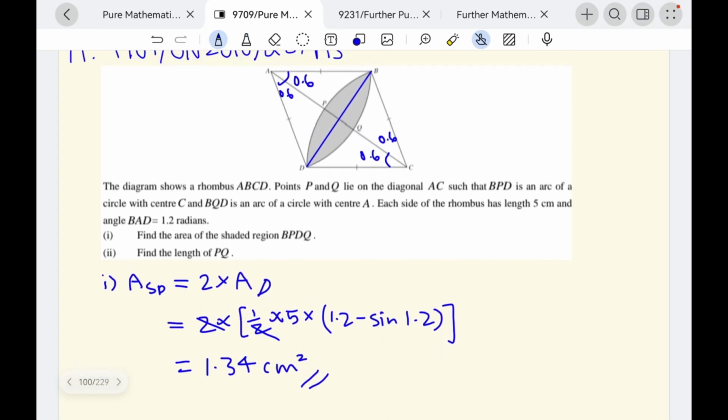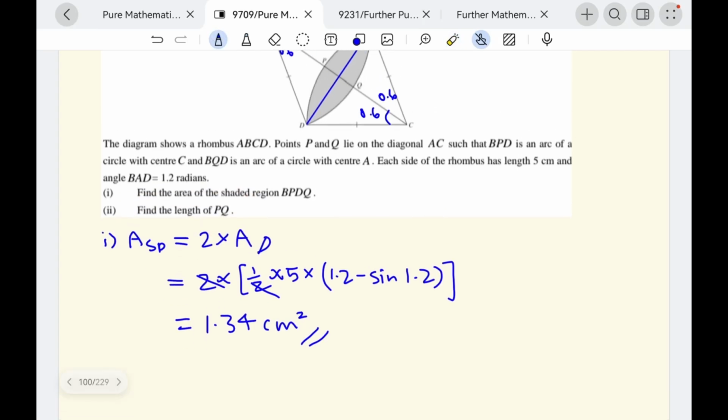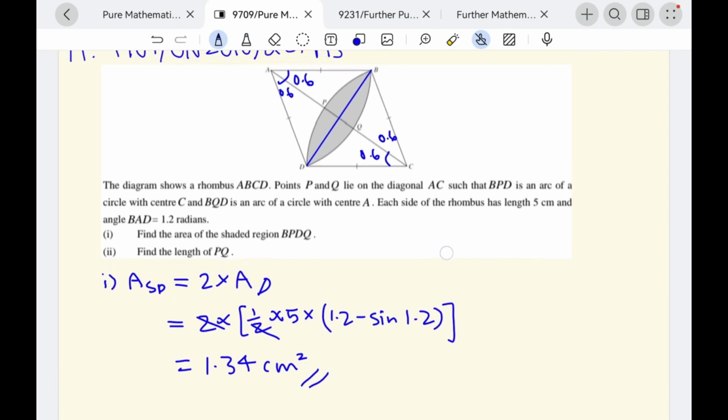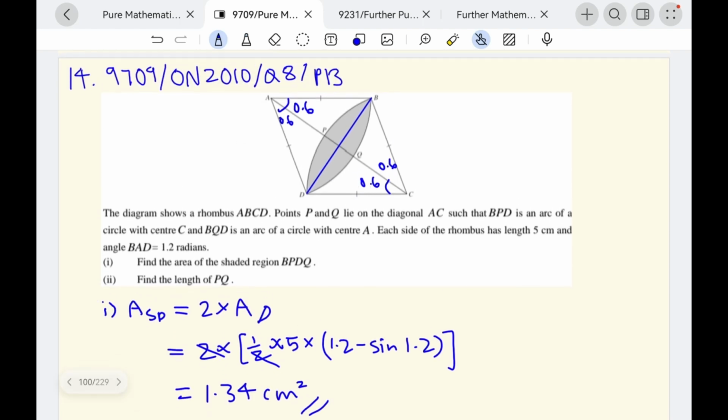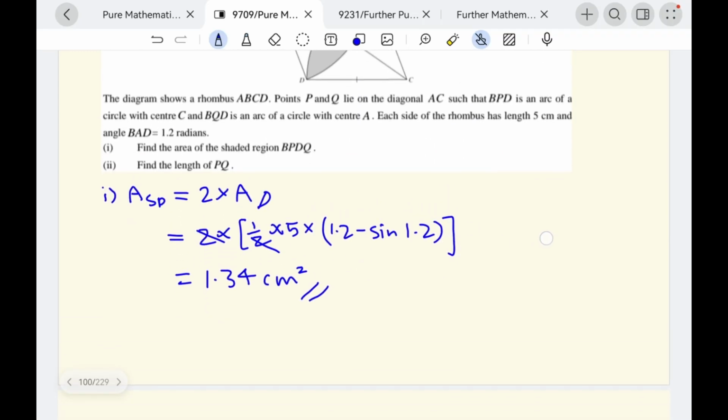However, the second part is very hard to visualize and solve, because it asks you to find the length of PQ. So let's erase again, and I need to explain some workings with visualizations for your understanding.